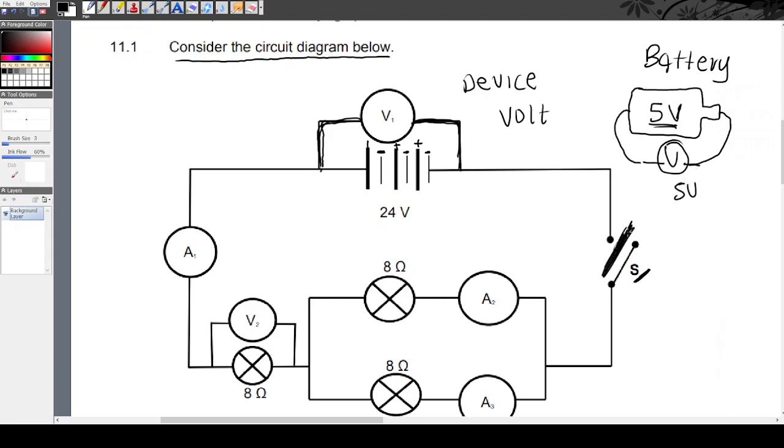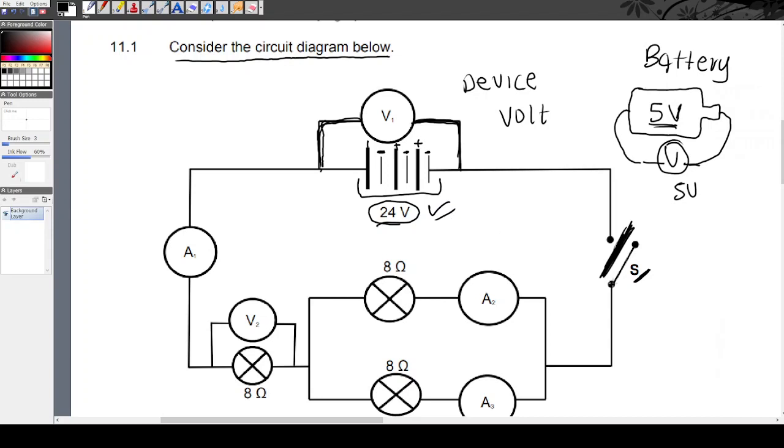So there's no current flowing in this circuit. It means V1 will read the 24 volts that were given, because there's no current flowing. So it measures the maximum amount of voltage that this battery will supply to the circuit when the current is flowing. For now, we have 24 volts.